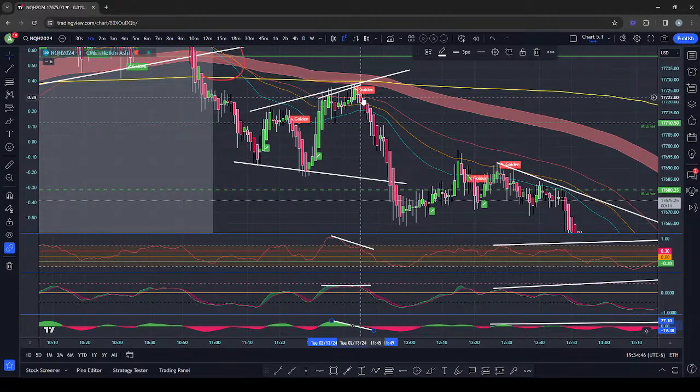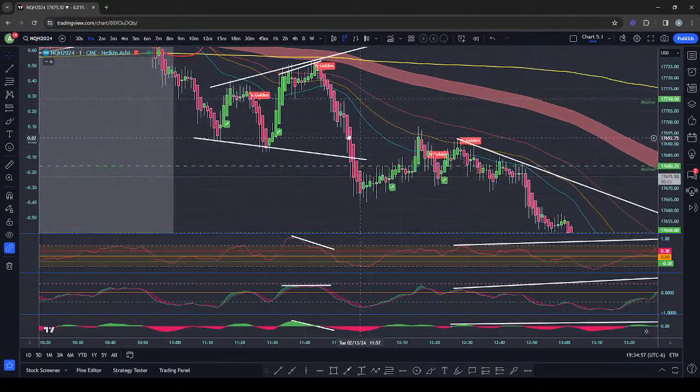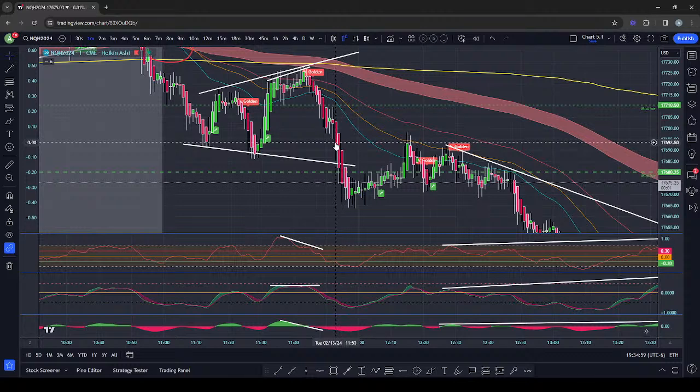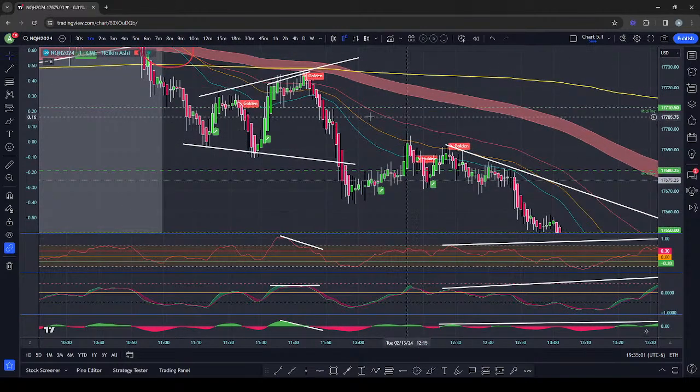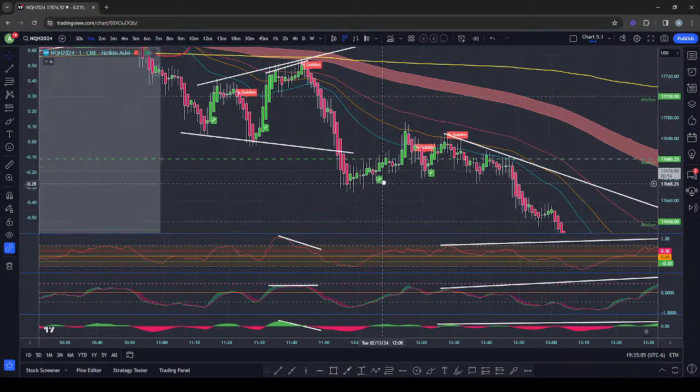And you can take on your signal right here and enter your trade. And once again, you can take your trade up to one of these midlines or whatever your trading plan calls for. In this case, it just went a little bit past that, but that's okay.